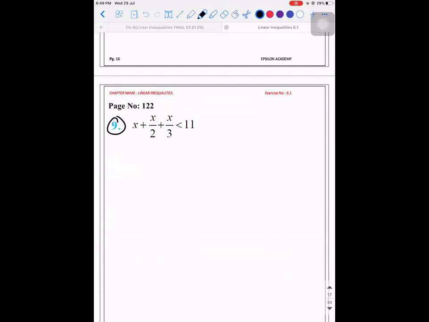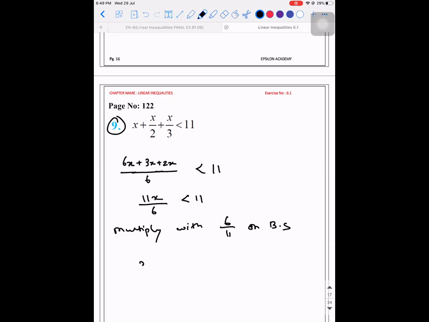Take LCM by 6. 6x plus 3x plus 2x is less than 11. 6 plus 3 plus 2, so 11x by 6 is less than 11. Multiply with 6 by 11 on both sides. So x should be less than 6.